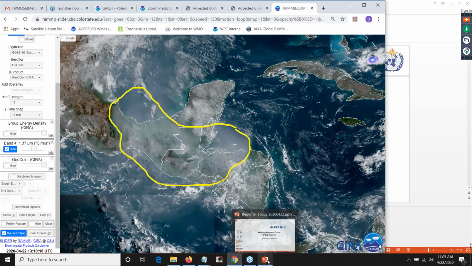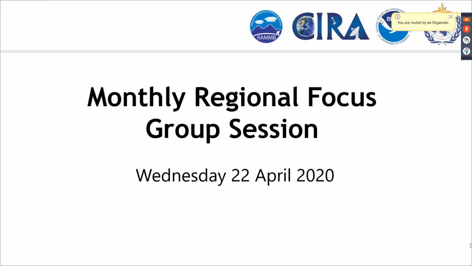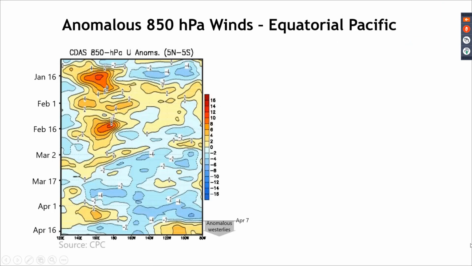Okay, so we're going to start the presentation of the current status of the weather and climate. I want to start with something really quick. So what we have at the moment is a Hovmöller diagram that shows the 850 winds over the Pacific. 120 east is close to the central Pacific, and 80 west is in coastal South America, right?